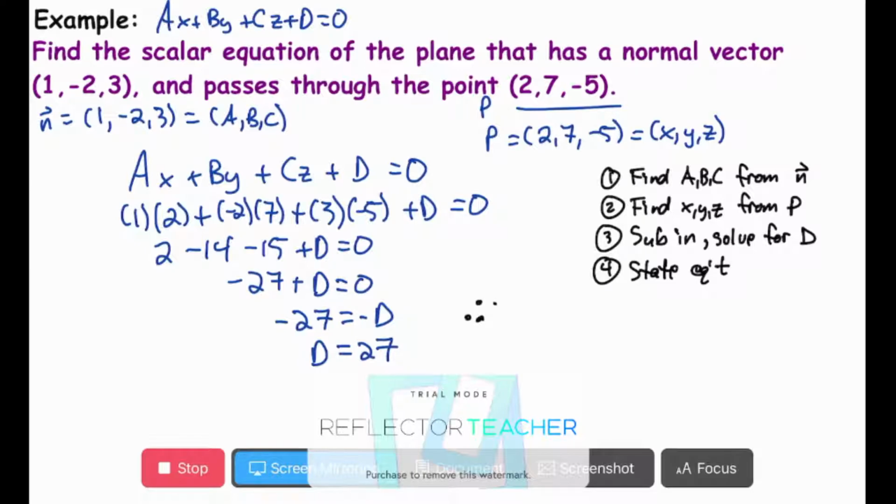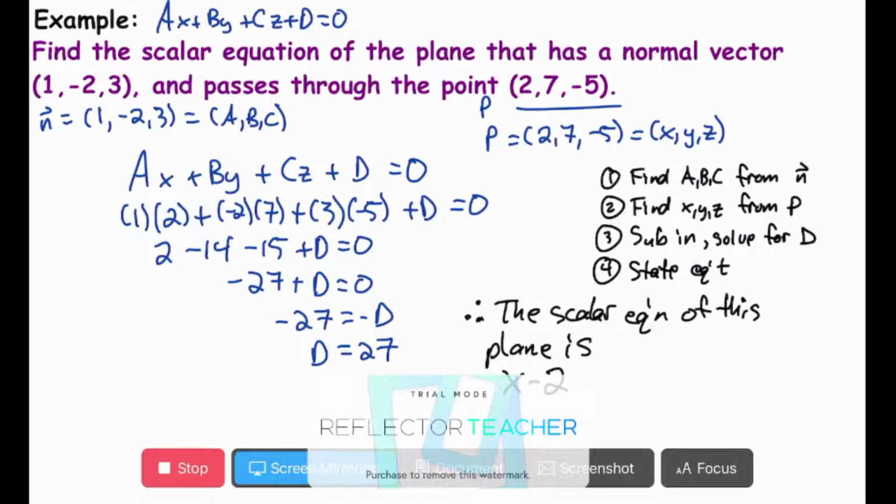Therefore, the scalar equation of this plane is, let's see, a is 1, so I don't need to write the 1, so I can just write x, plus b is negative 2, so plus minus 2, so minus 2y.